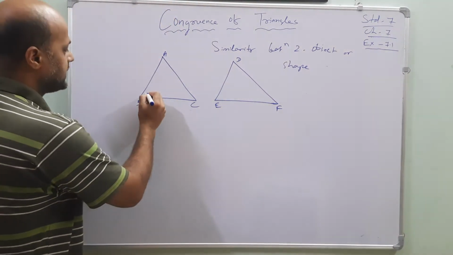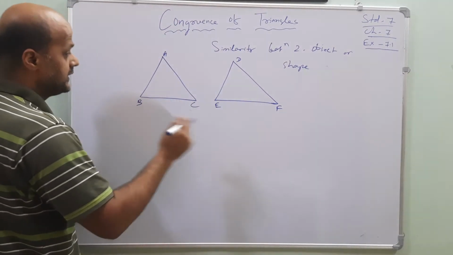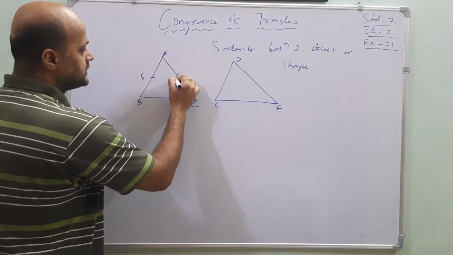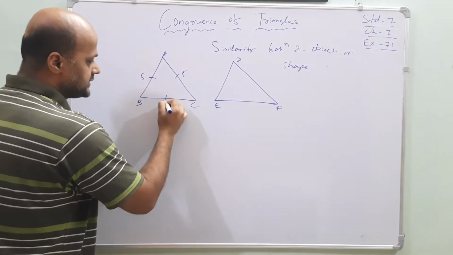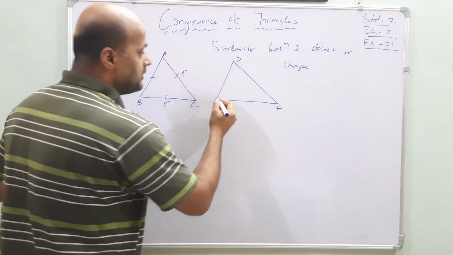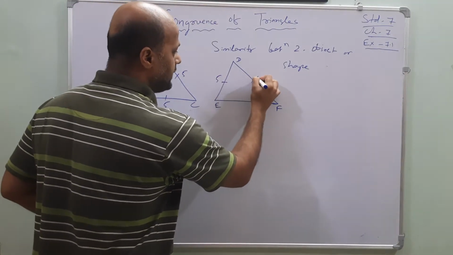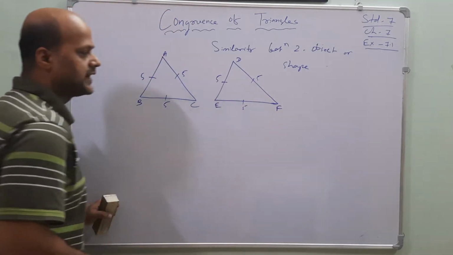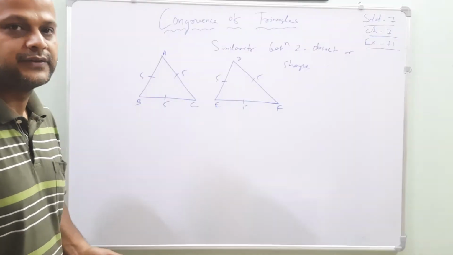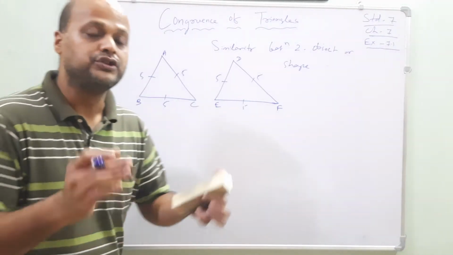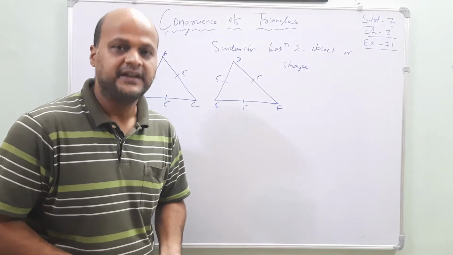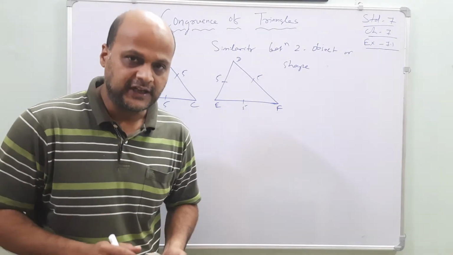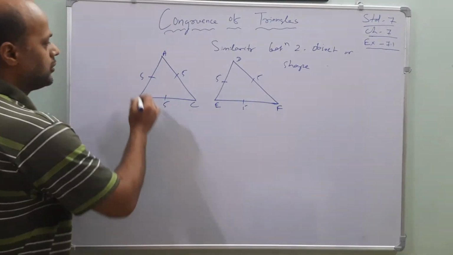Here I will say this is 5 centimeter, this is 5 centimeter, this is 5 centimeter. Again this is 5, this is 5, this is 5. The length of the sides of the triangles is 5 centimeter. If all the sides are equal, then which type of triangle is it, my dear friends? Yes, it is an equilateral triangle. So all sides are equal.